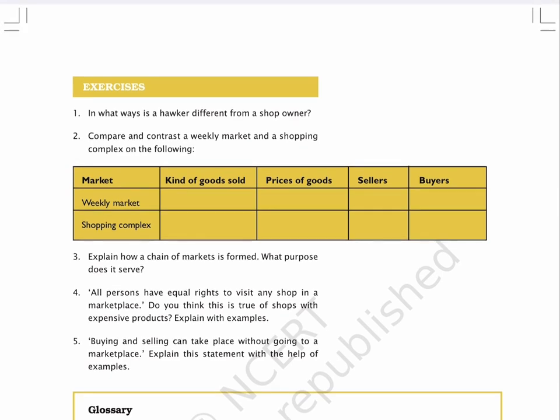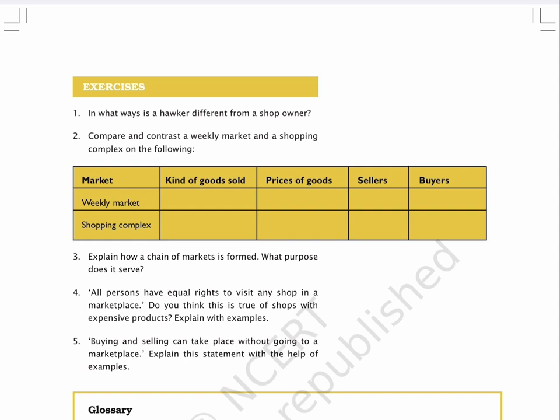Exercises. 1. In what ways is a hawker different from a shop owner? 2. Compare and contrast a weekly market and a shopping complex in the table given here. There is a table given here on page number 91 beside question number 2. This table has 5 columns in it.